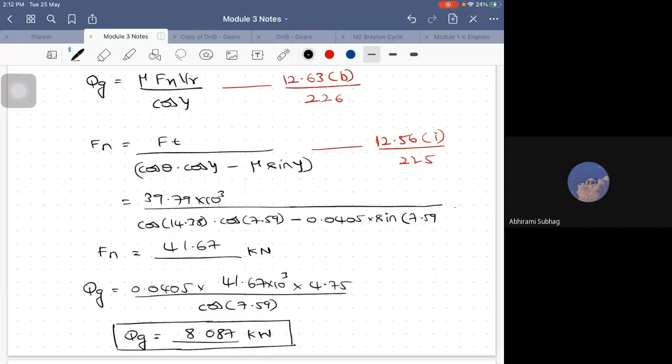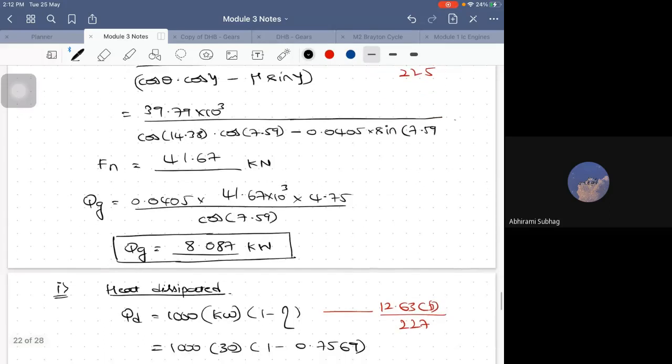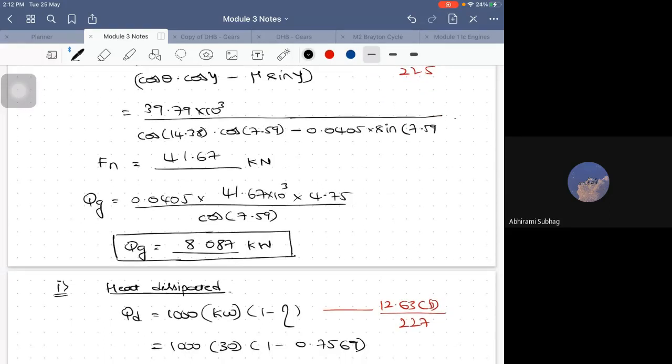Next, go for heat dissipated calculation. Same old formula. 12.63b, page number 227. So heat dissipated is equal to 1000 into 30 into 1 minus 0.7569.